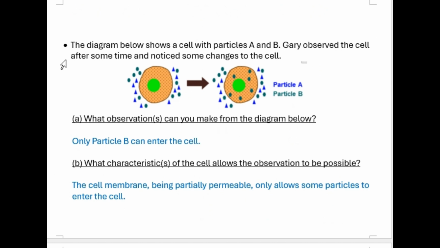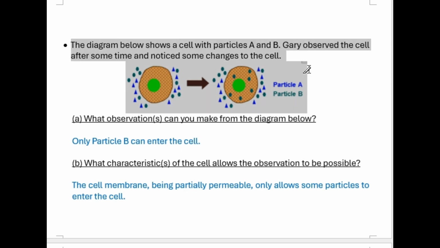The diagram below shows a cell with particles A and B. Gary observed the cell after some time and noticed some changes to the cell. What observations can you make from the diagram below?